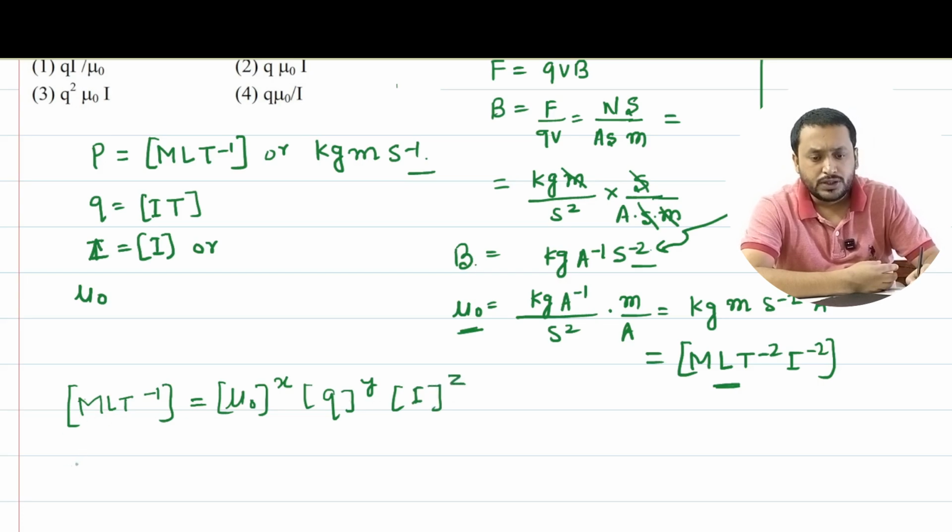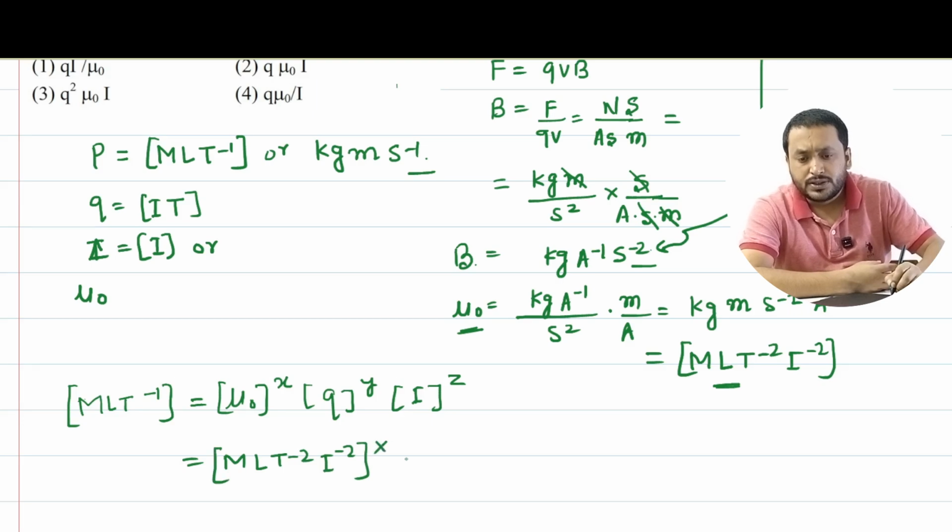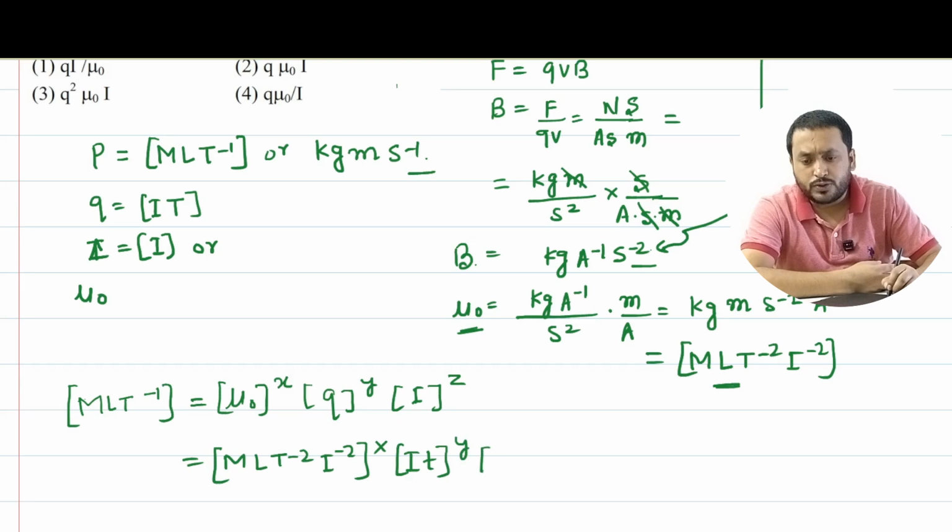So if we further expand this mu naught, we can write it as m l t minus 2 I minus 2, whole to the power x. Then q could be written as I times t to the power y, and I could be written as I to the power z.